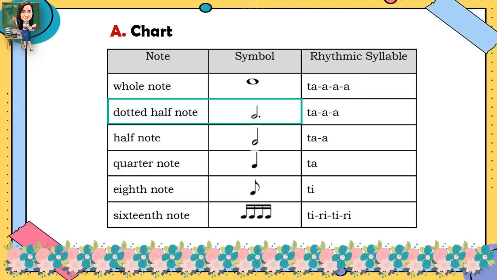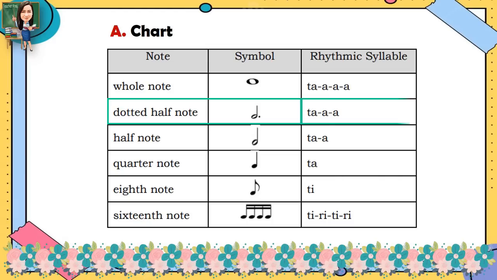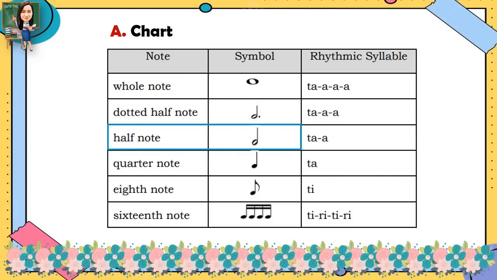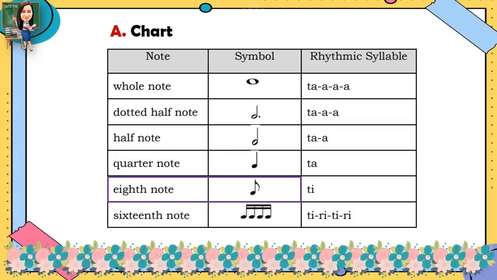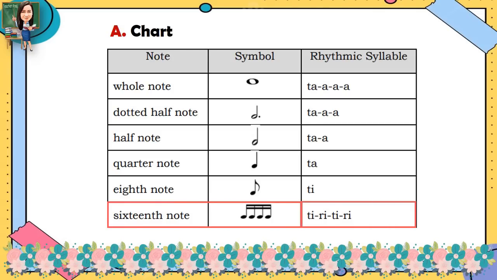Dotted half note, the rhythmic syllable is ta, a. Half note, the rhythmic syllable is ta, a. Quarter note, the rhythmic syllable is ta. Eighth note, the rhythmic syllable is ti. And 16th note, the rhythmic syllable is tiri, tiri.